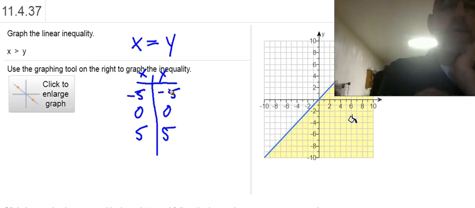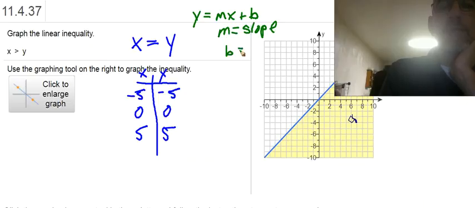Now the other way to look at this is y is already by itself. So we can think about our y equals mx plus b form, where m is the slope, and that's defined as rise over run, and b is the y-intercept.